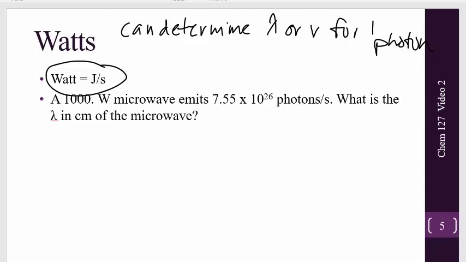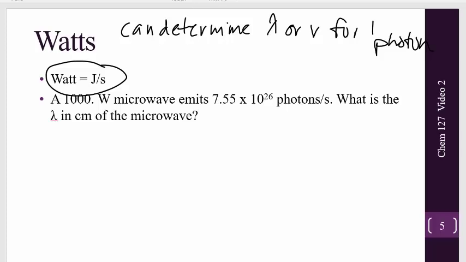So something like energy does have an additive property. The energy of photons can be added together to give us a total energy, like in watts. But something like wavelength or frequency is not an additive property. Each wave, each photon has a particular wavelength or frequency that is not an additive thing.